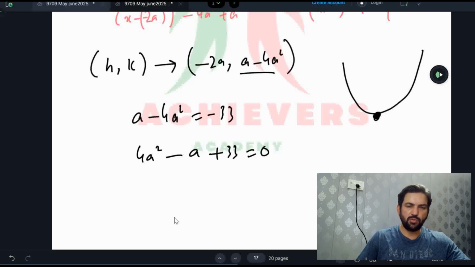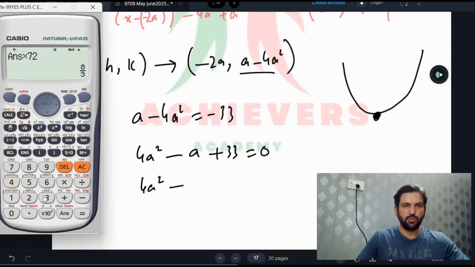Now from here what we can do is write it as 4a square minus... 33 into 4 will be equal to 132.